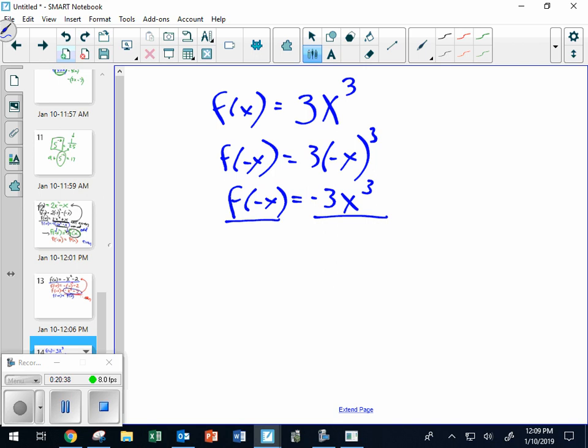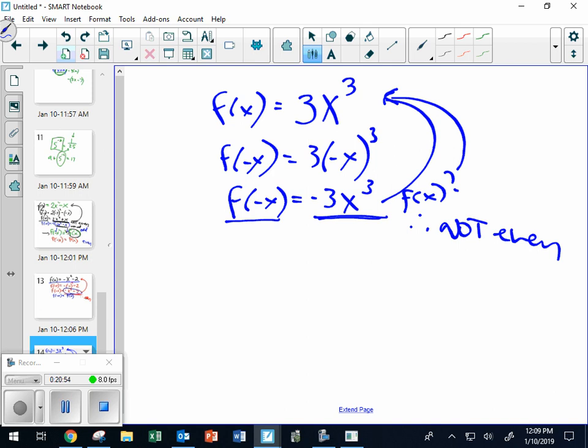Wait a minute, no, I just did the, yeah, I was checking for even first. If this was f of x, is that the same as f of x? No. Therefore, it's not even. Now I do one more step. I factor out a negative 1. Negative 1 comes out. What do I have left? Back 3x to the third.